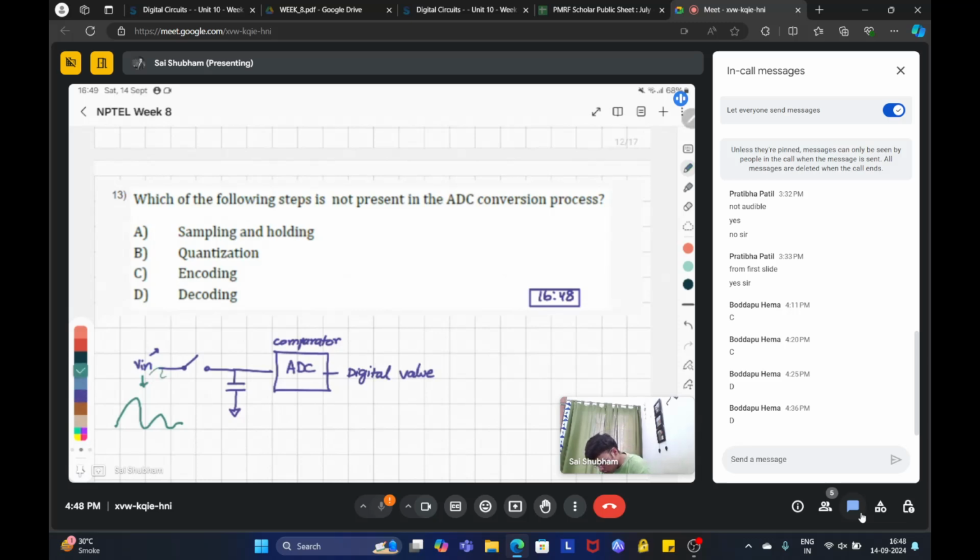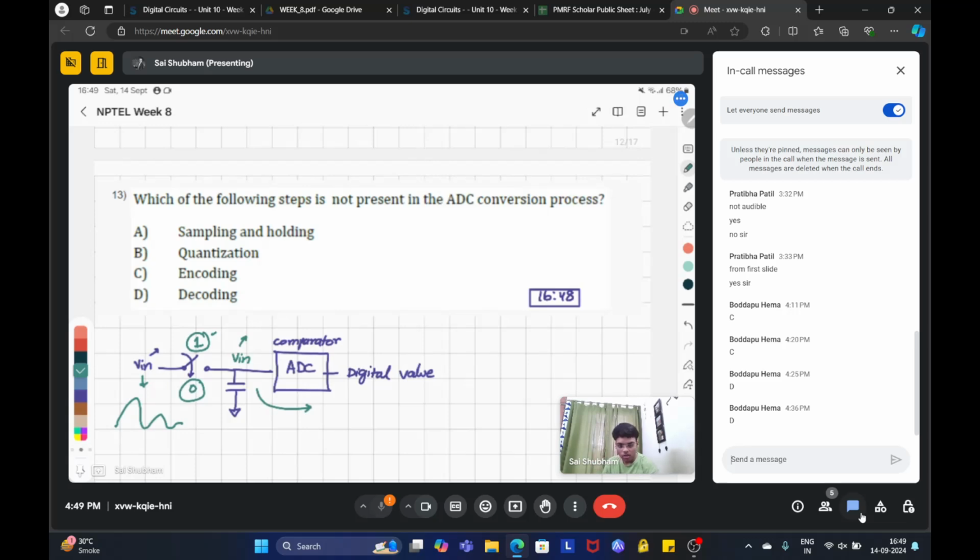So to keep the input voltage as reference, what you will do is switch this on. Okay, Vin voltage will be stored over here, and then you will quickly switch this off so that while you are doing the conversion, this input reference is not affected.